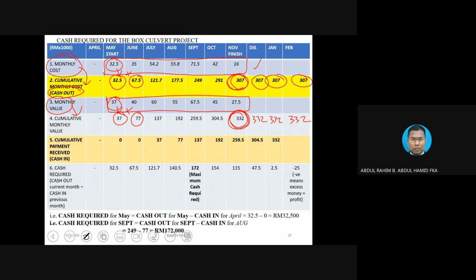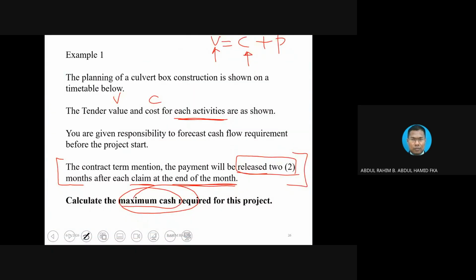In our case, we do not have any issue with deduction, but we have an issue with this one. You notice this statement here simply says we are going to start claiming exactly the first month, but the payment received is not on the subsequent month, but on another month. Meaning to say, 2 months after each month's claim. So actually it is a little bit of delay in terms of the payment.